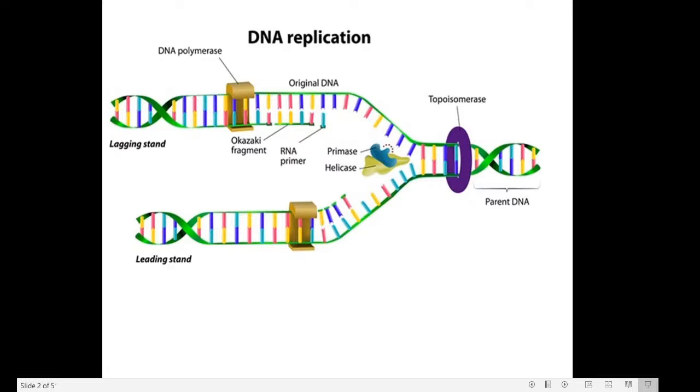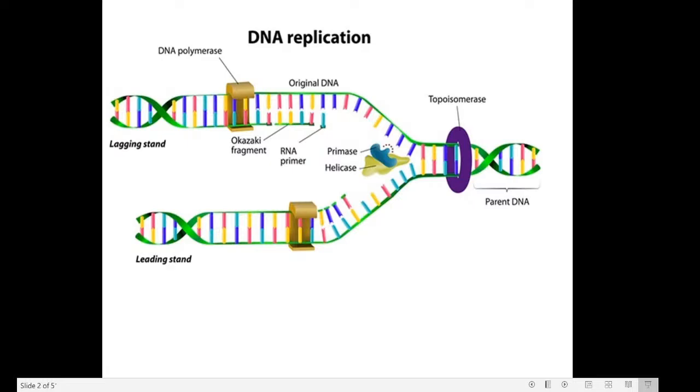One more thing, the question may ask whether Okazaki fragments can only bind with the lagging strand. If there is an Okazaki fragment present in a strand, that is called the lagging strand.